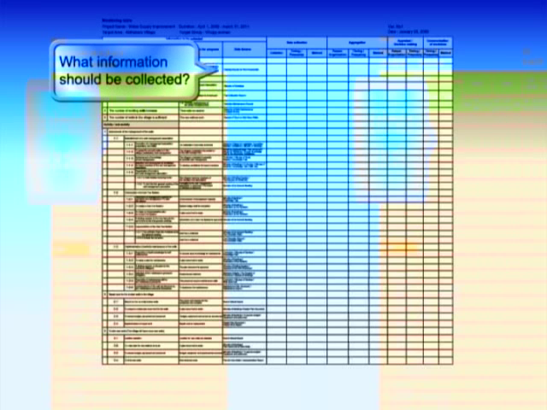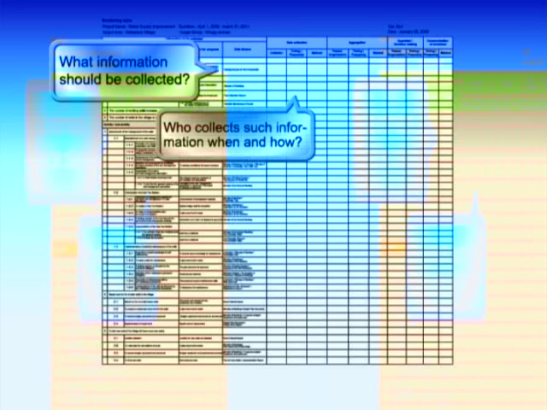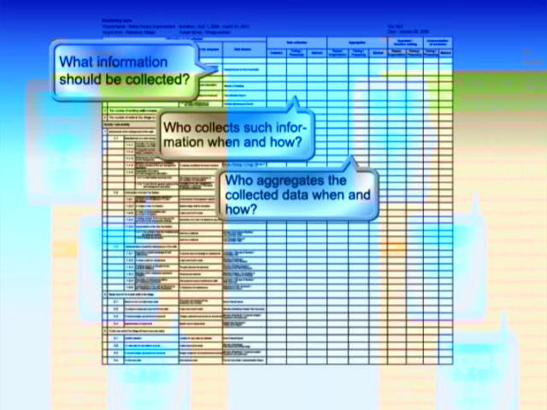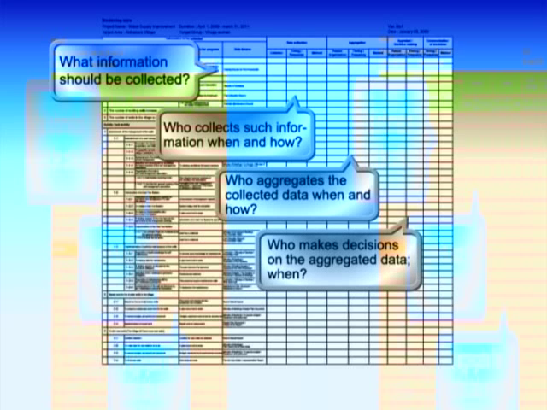What information should be collected? 2. Who collects such information, when and how? 3. Who aggregates the collected data, when and how? 4. Who makes decisions on the aggregated data, when? 5. How the decisions are notified.